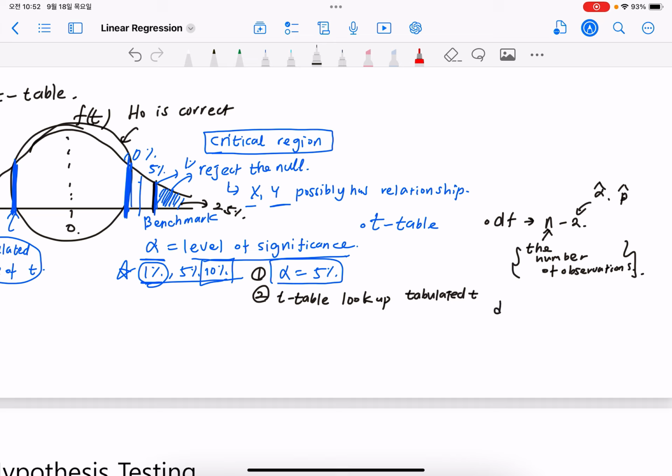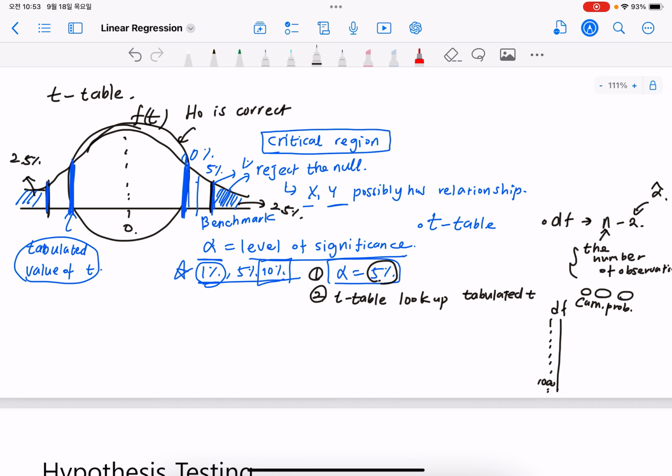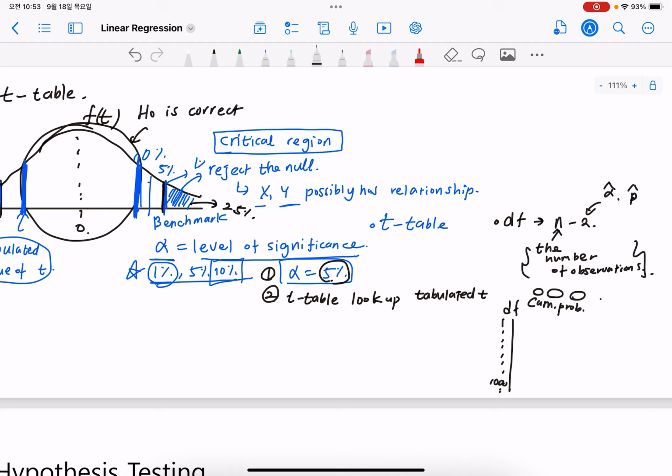And you will see the degrees of freedom here, from 1 all the way up to thousands. And here you will see the cumulative probability. So let's say if it's 5%, we want to keep 2.5% on the right tail and 2.5% at the left tail. So you can look up at 0.025, perhaps right here.